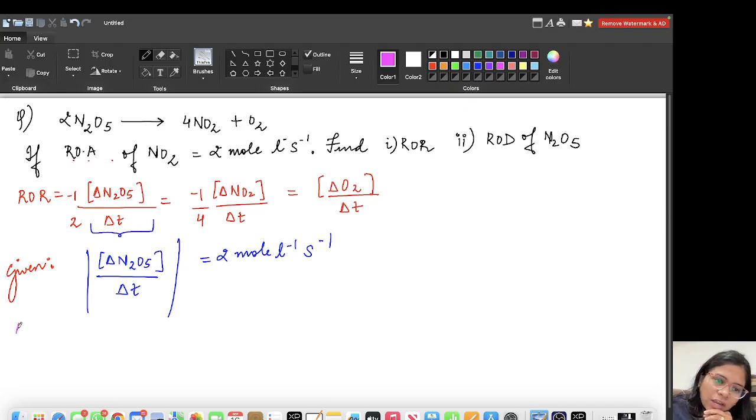So your rate of reaction will be equal to minus 1 by 2 into the rate of appearance of NO2 is given. I just wrote N2O5 instead of NO2.